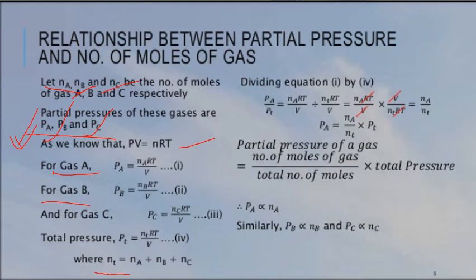And for pressure, I will write PA plus PB plus PC is equal to PT. So I can write the equation like this, as all the gases are placed in one container. So now the total pressure inside is equal to n total RT upon V. Okay, now what to do now?